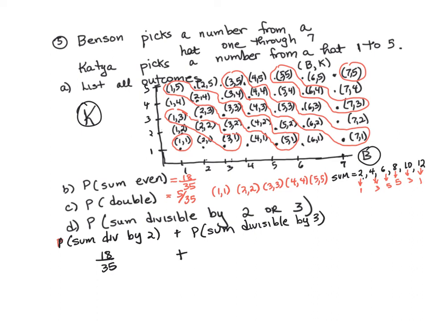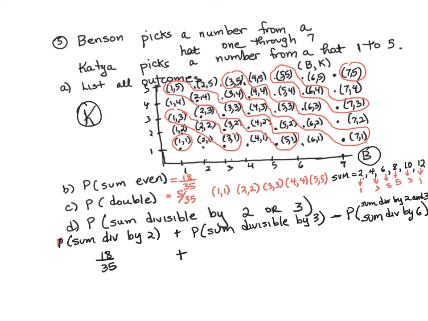Okay, that one we'll figure out. Minus the probability of the sum divisible by 2 and 3, which means that the sum is divisible by 6. And I think that would come right out if we list the possibilities.